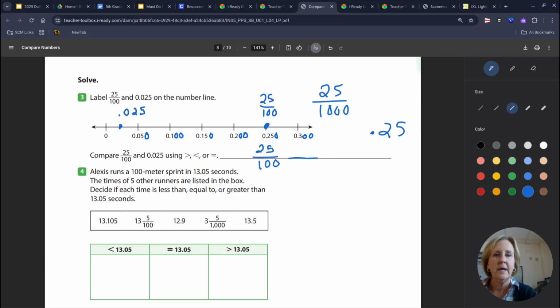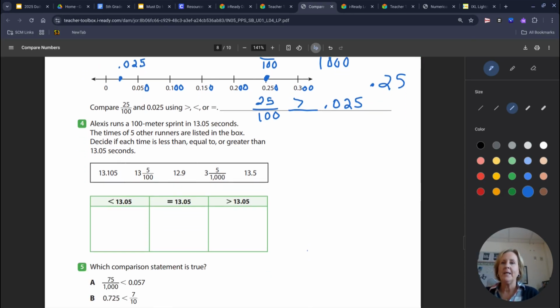Then I'm going to write the decimal. I don't put the 0 in front of the decimal. That's your preference. It means I have no ones. I just think it's not necessary. Now, which one is further to the right? Clearly, the 25 hundredths is larger than 25 thousandths.